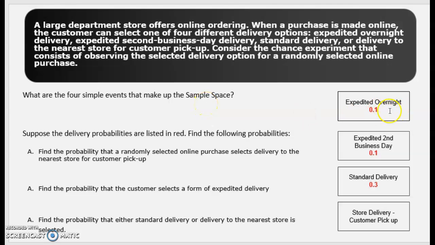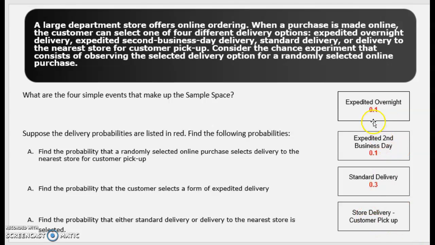Well, I have them listed right here, right? Expedited overnight, expedited second business day, standard, and then store delivery or customer pickup. We know that in our sample space then, this should add up to 100% or 1 if you're talking in terms of decimals. And so right now I know that 0.3 is standard, 0.1 is expedited second business day, and then 0.1 is expedited overnight.